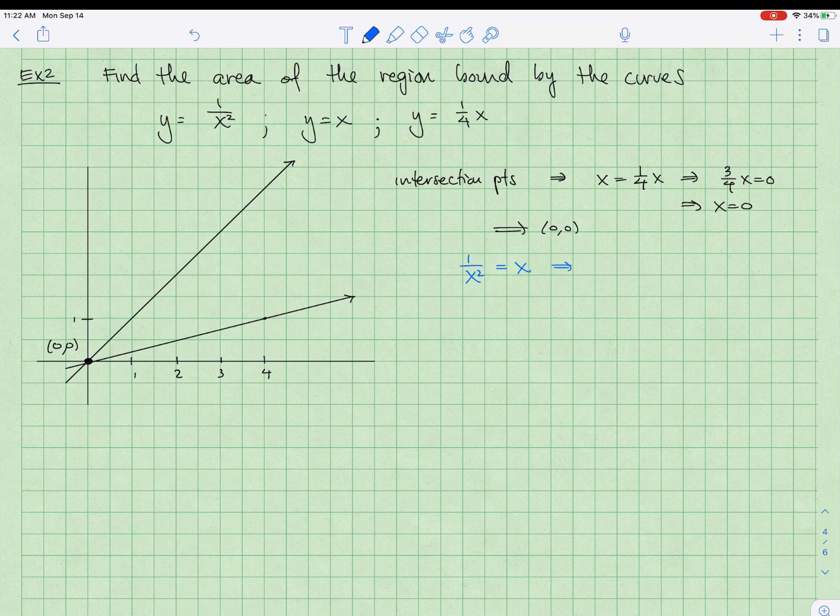Provided x doesn't equal 0, we're going to have 1 is equal to x cubed, or x is equal to 1. So our first point of intersection is going to be at 1. And if we plug 1 into either one of those functions, we'll get 1. So 1, 1 is our point there.